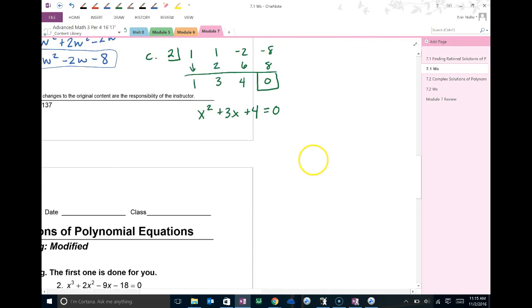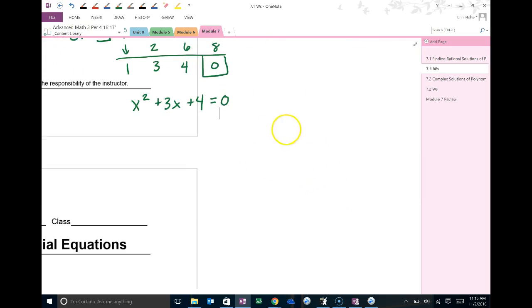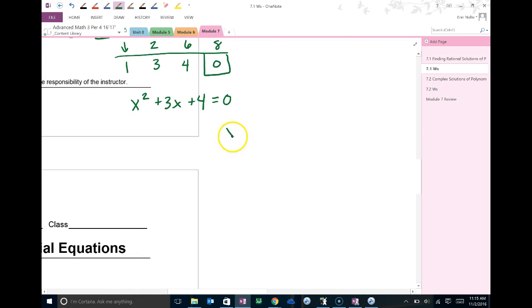Okay, so check this out. If I do the quadratic formula for this, negative b, what's my negative b? Negative 3 plus or minus the square root of 3 squared minus 4 times the a times the c, all over 2 times the a.